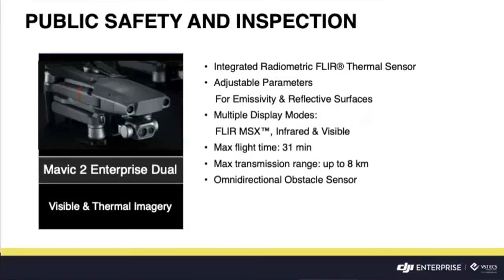One is a visible camera, and the other one is the integrated radiometric FLIR thermal sensor. It also has a maximum flight time of up to 31 minutes, a maximum transmission range of up to 8 kilometers, and also the omnidirectional obstacle sensor.